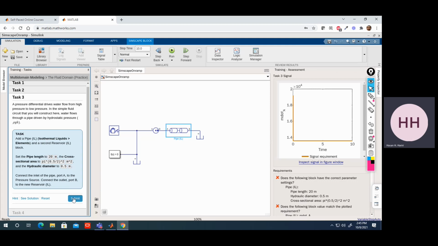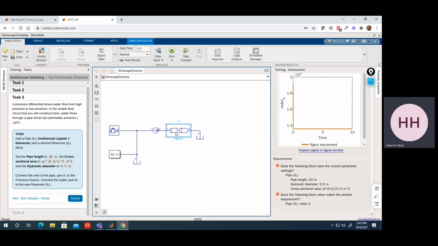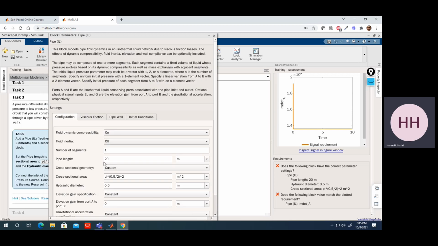So it seems here something is wrong in the assessment criteria. Does the following block have the correct parameter? Pipe IL has a pipe length of 20, hydraulic diameter of 0.5. Let's see. Pipe length of 20 meter, okay.